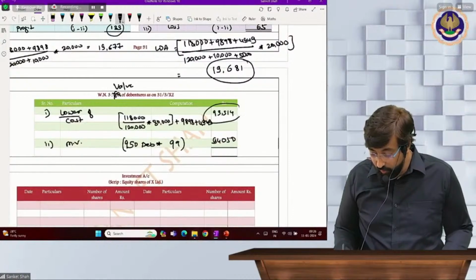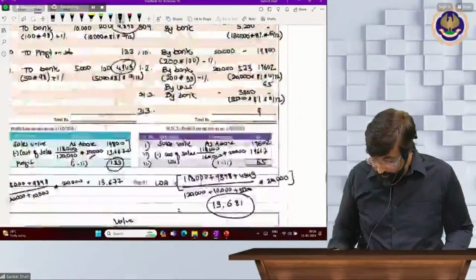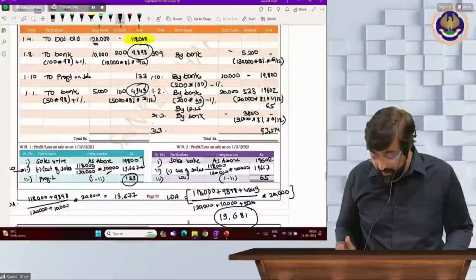So whichever is lower, at what value are you going to record? 93,514. Yes. So your cost only. See, both your sides are getting tallied now.